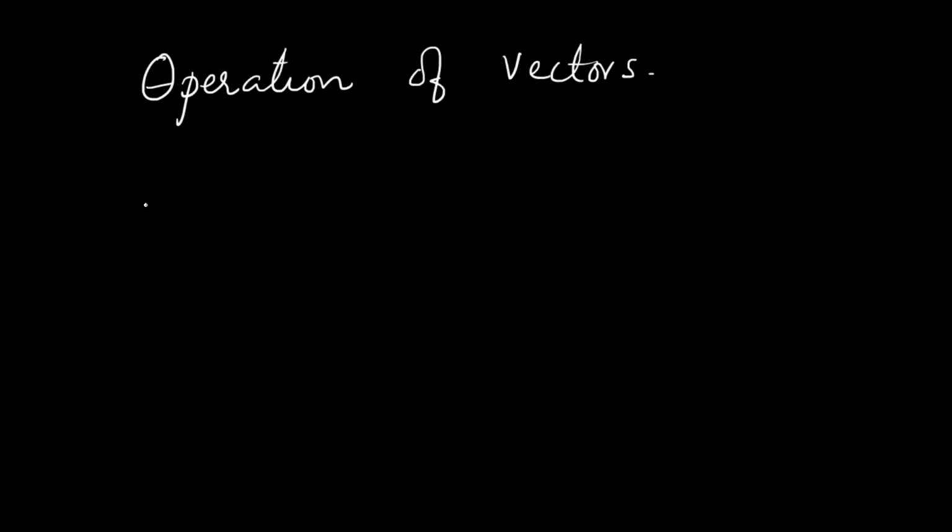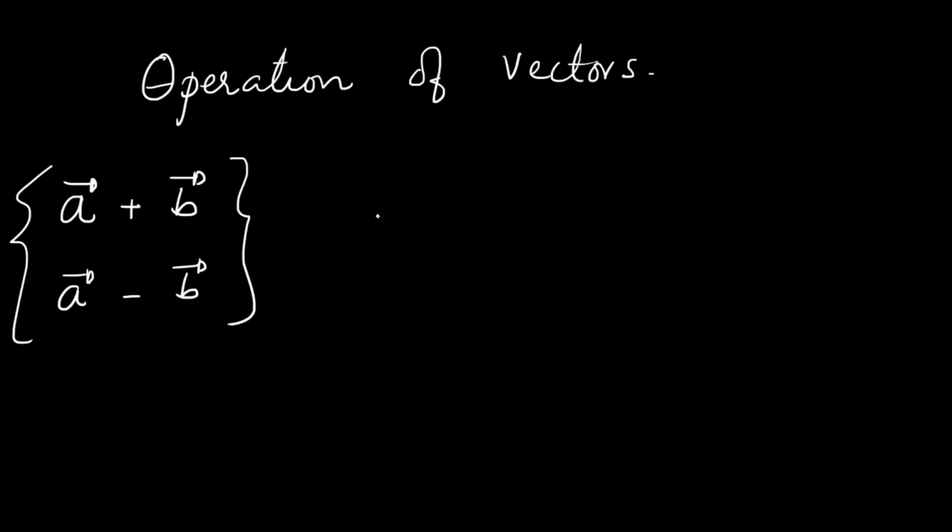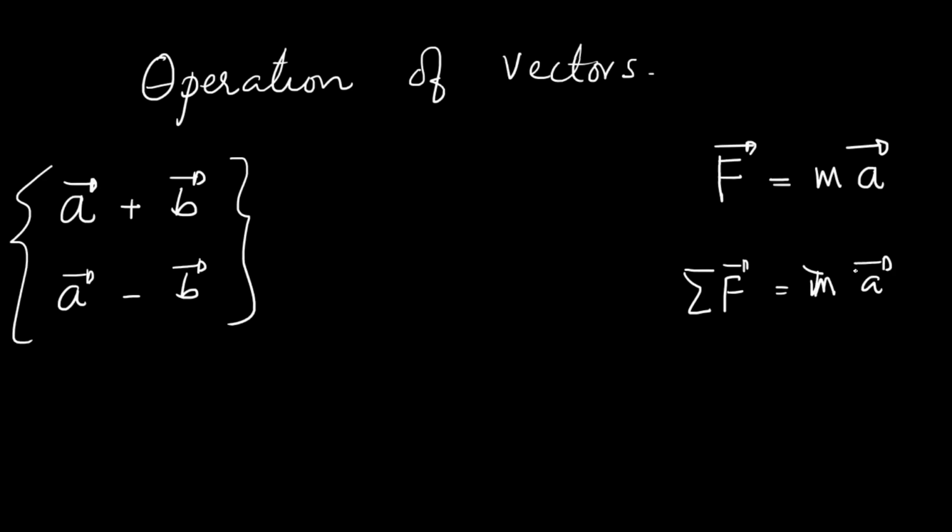For example, we've studied what you mean by A plus B or A minus B, and this itself was so useful till now, because the main law for us has been this one, which is clearly a vector equation, and we've been in positions where we have to add up the vectors, and therefore we've often felt the need to do this operation.